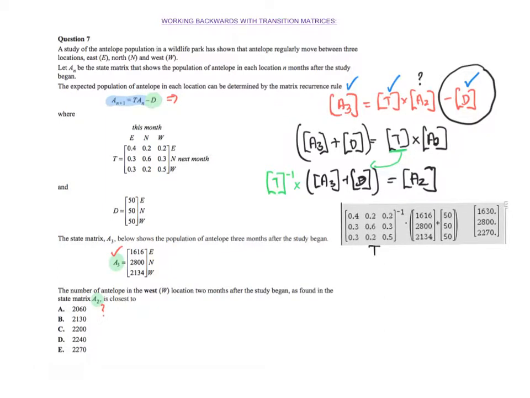So here is the transition to the negative power. So that's that bit. And then I've got A3 plus the D. And then this was the answer. So this is east, north, west for A2. And what was the question? They want location west. So it is 2270. Yeah? So that's how you work backwards.